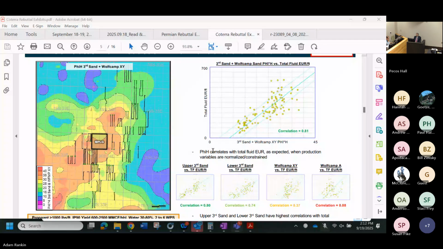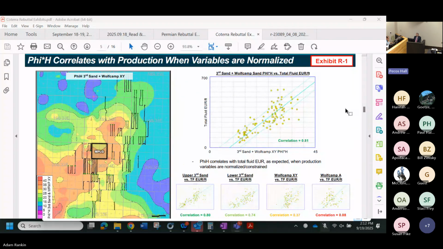Let me get my exhibits for a moment. Okay, starting back at rebuttal exhibit R1.